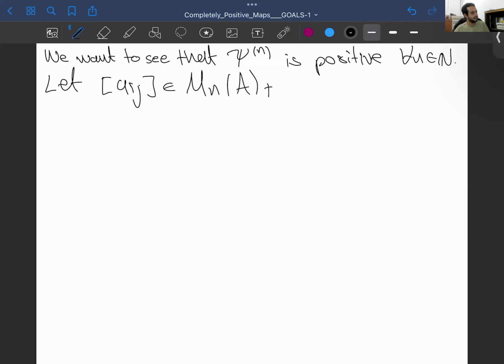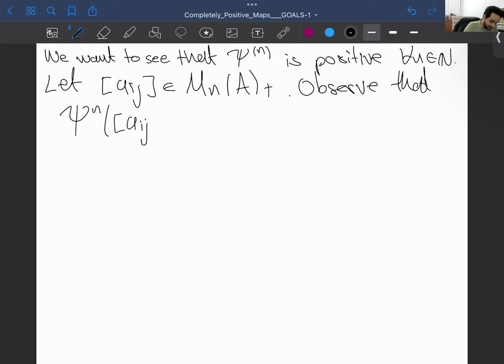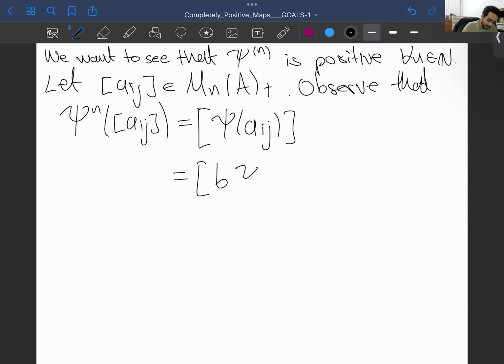We need to show that its image is again positive. Observe that Cn on this matrix, by definition of amplification, is just evaluating C entry-wise. And by definition of C, this is just B phi of A i j B star.